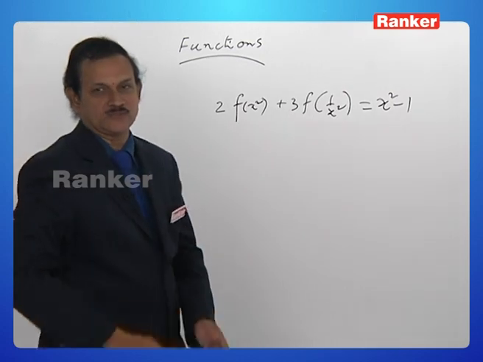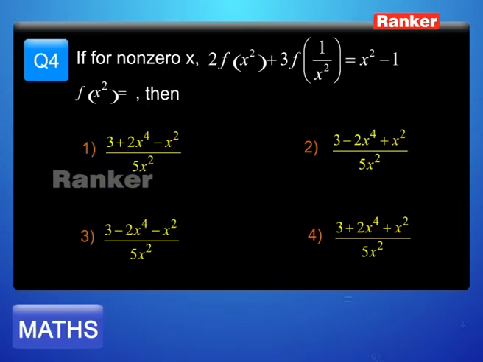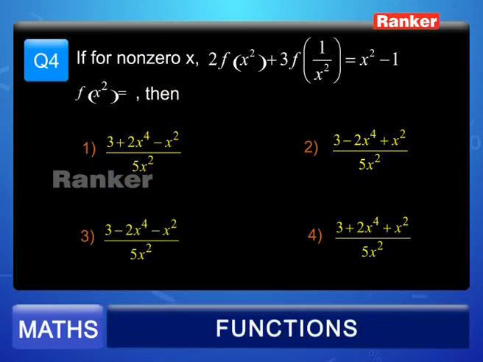What is f of x square? He is asking us. The options are, the first option 3 plus 2x power 4 minus x square by 5x square. Second option 3 minus 2x power 4 plus x square by 5x square. The third option 3 minus 2x power 4 minus x square by 5x square. And the fourth option is 3 plus 2x power 4 plus x square by 5x square.